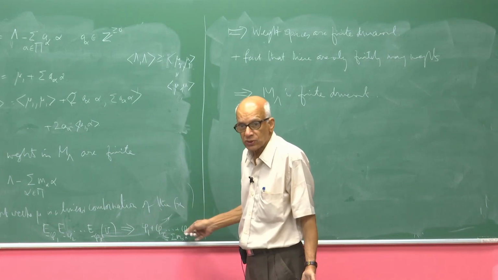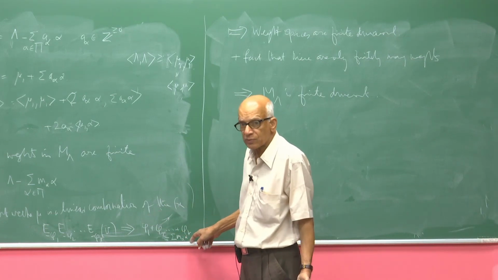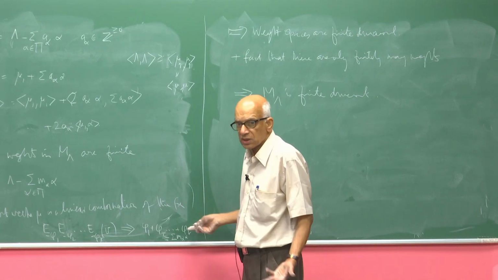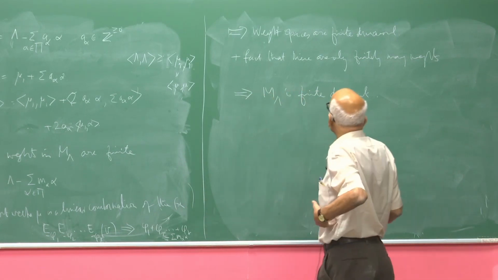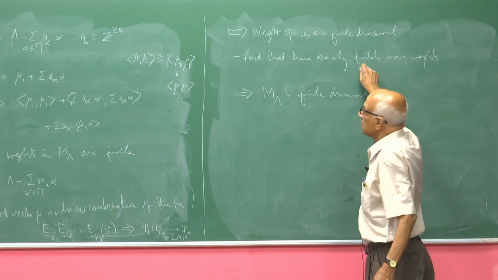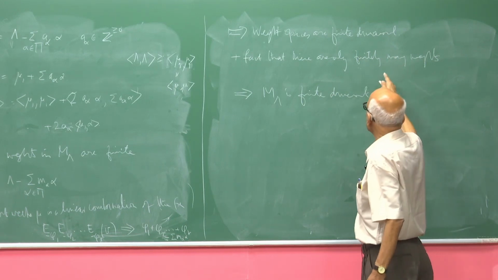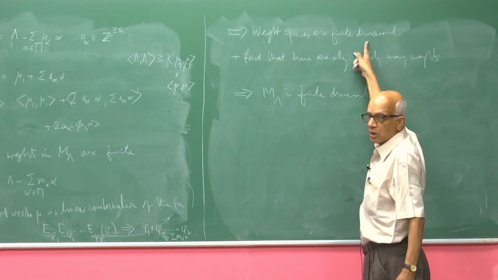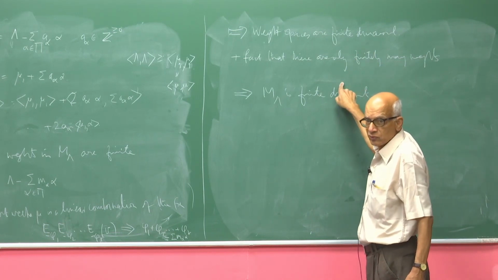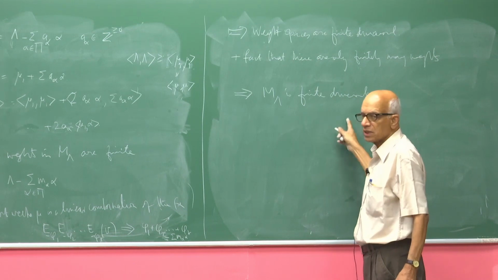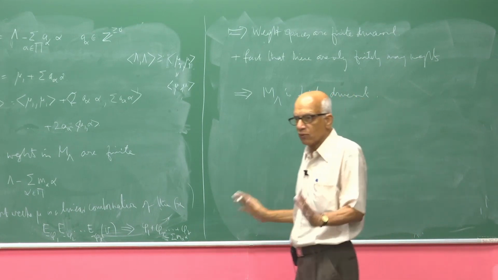These are all positive roots, and alpha are simple roots. So you find that each weight space is finite dimensional, and there are only finitely many weights, and so the entire m lambda is finite dimensional. This is the correct proof.